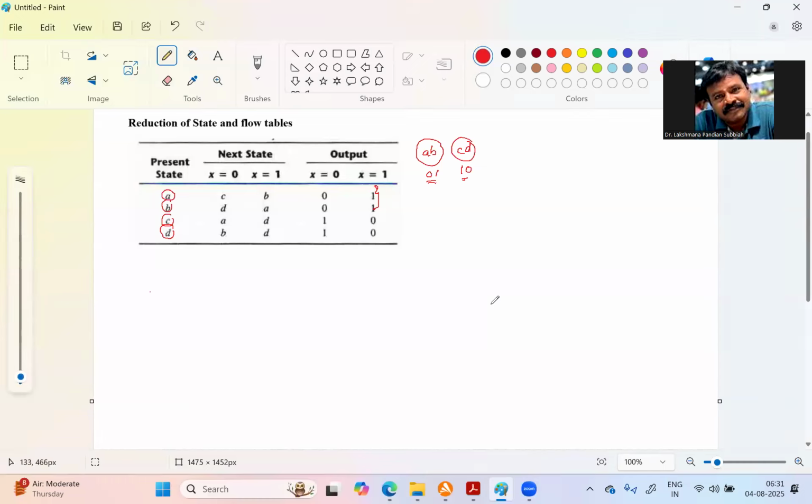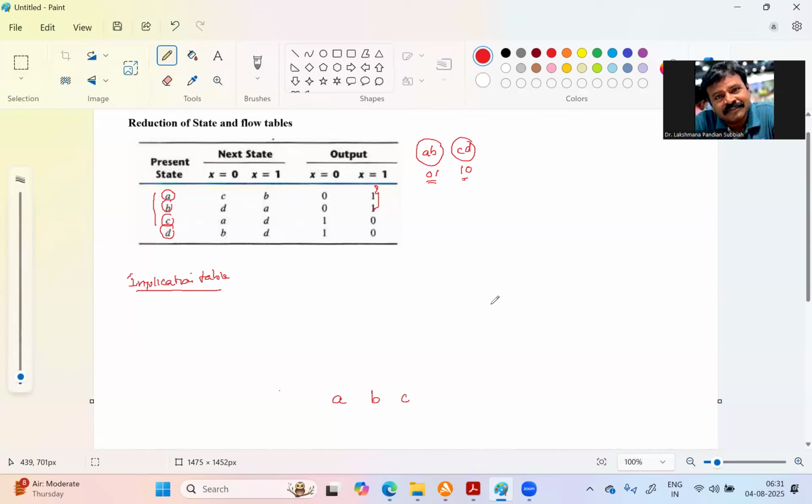Now, how do you draw the implication table? They may ask a question on how to reduce the states using the implication table. First, you have to draw row-wise A, B, C at the bottom, and the last one you leave.